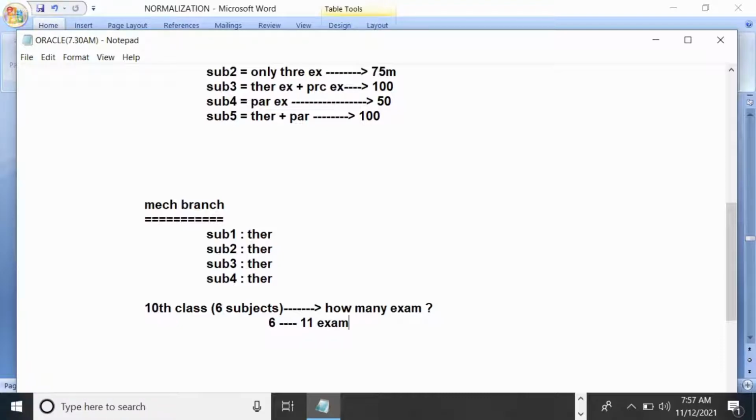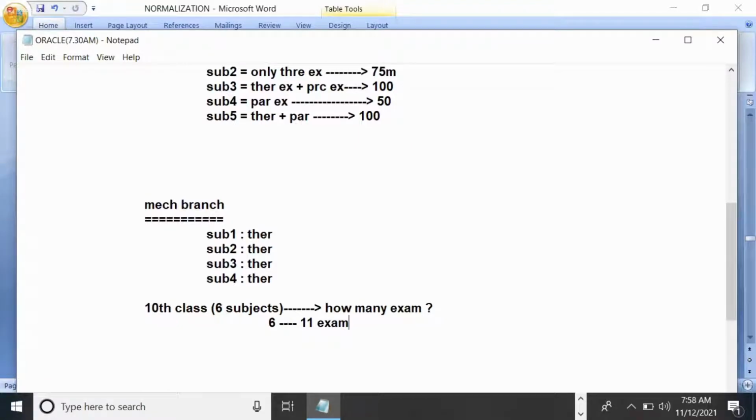Every subject is having 2 papers, paper 1 and paper 2. Yes or no? So some subjects are having 2 examinations, a paper 1 examination and a paper 2 examination. Understand now? So like this, they will be writing almost 11 examinations, but they have only 6 subjects.